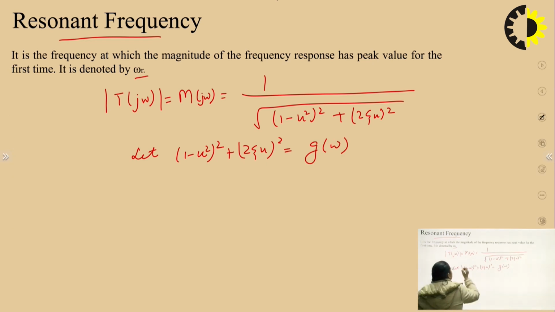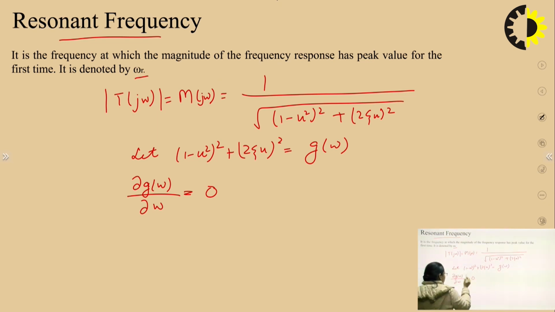And the magnitude has peak value only when g(ω) will be minimum, and g(ω) will be minimum when we go for the differentiation of g(ω) with respect to omega and keep it equal to 0.